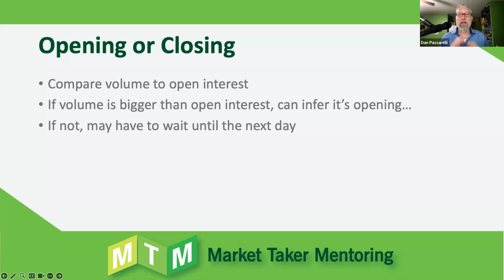Why? Because if there's 1,000 contracts that have been opened and 5,000 trade, you can't be closing. All of them can't be closing. 1,000 can be closing, but 4,000 have to be opening.